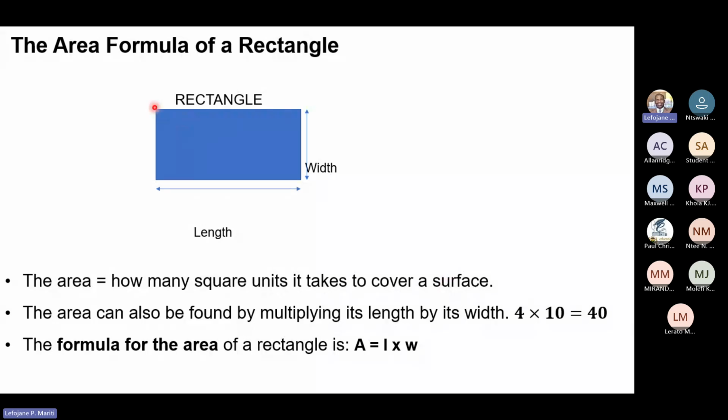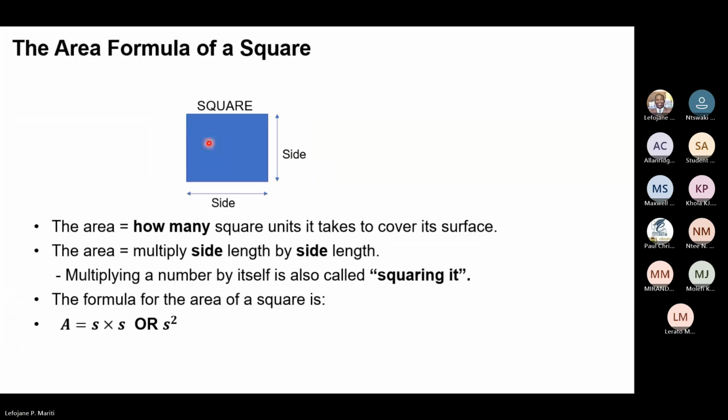All you need is the measurement of one side multiplied by the measurement of the other side. This will then give you the area, or the surface that must be covered.